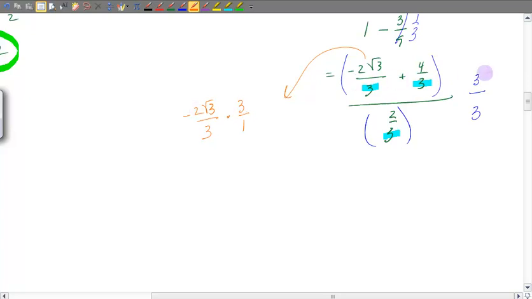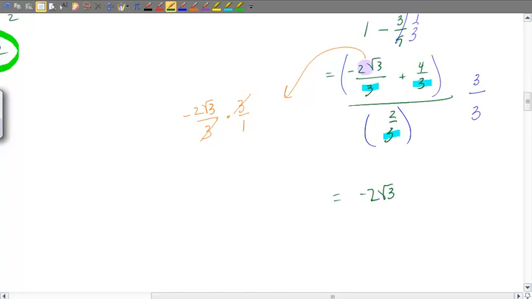Remember, I'm only multiplying things that are in the numerator, and this 3 that we're considering in the numerator is like this 3 over 1. Notice what happens when I do that. The diagonals are going to cancel, and it just leaves me with this negative 2 square roots of 3. That was the goal, right?